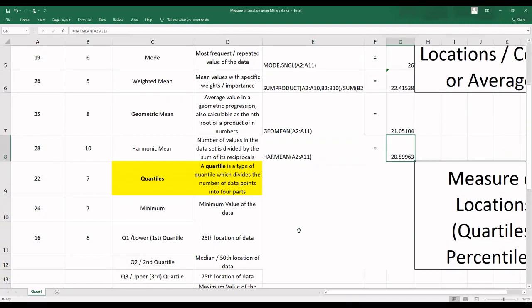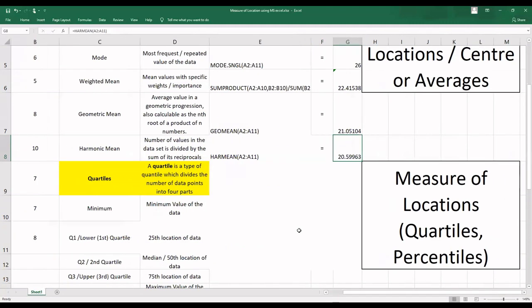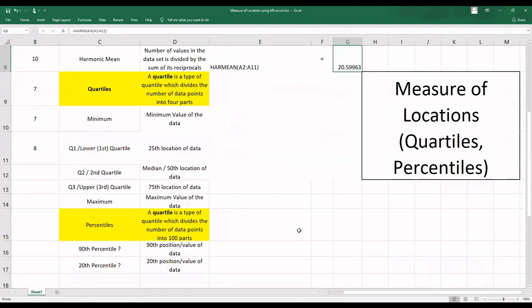The next concept, very useful and very interesting, is measures of location, and we are going for the quartiles and percentiles. The main concept of the quartile is that it divides the number of data points into 4 equal parts: first quartile, second quartile, third quartile, and fourth quartile.